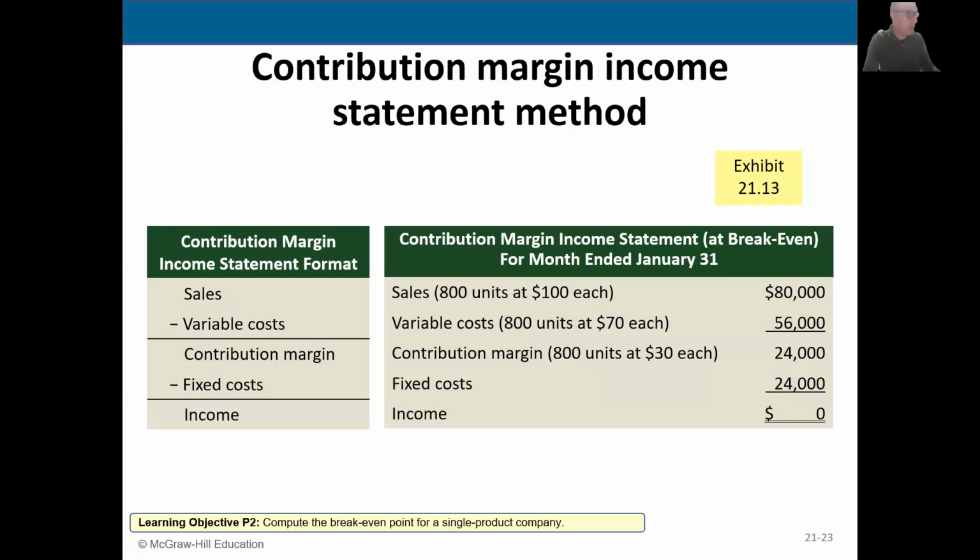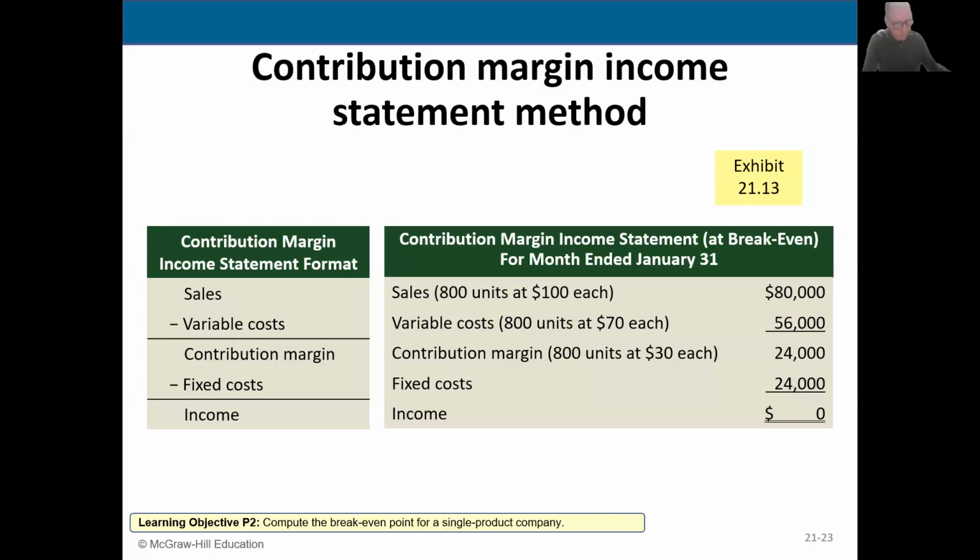Minus our variable costs. The number of units we need to sell, 800, times $70 a piece. You see? Variable costs are $70, remember? So number of units times variable cost per unit equals 56,000 in this example. 80,000 minus 56,000 equals 24,000.